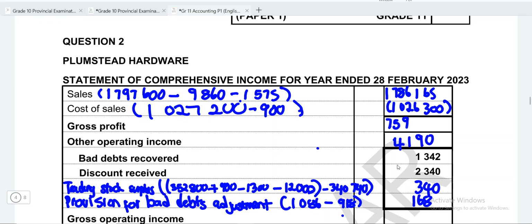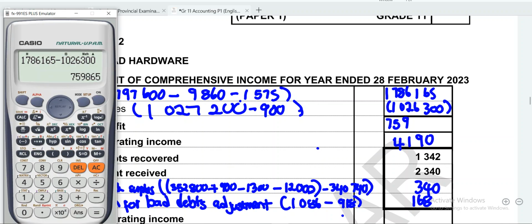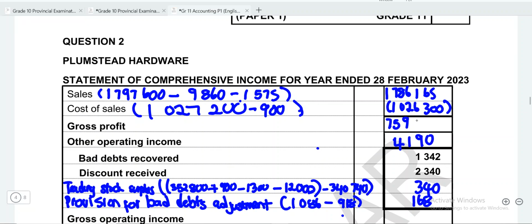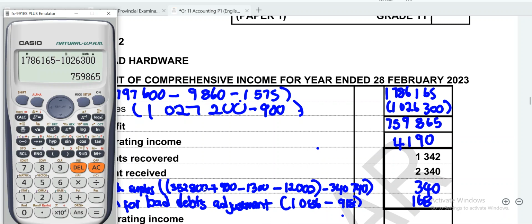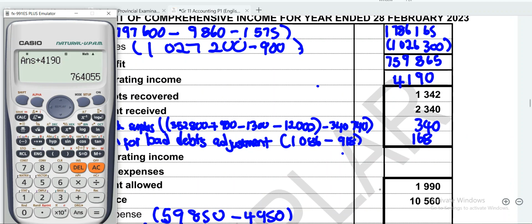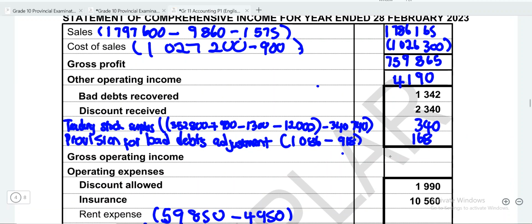My pen disappeared. 759,865. So that 865 will come here. And then if we take the 759,865, then we add it together with 4,190. It will give us 764,055 as our gross profit.